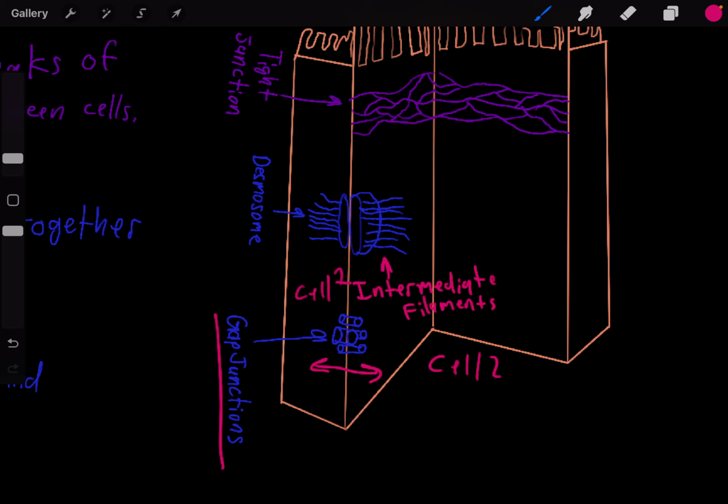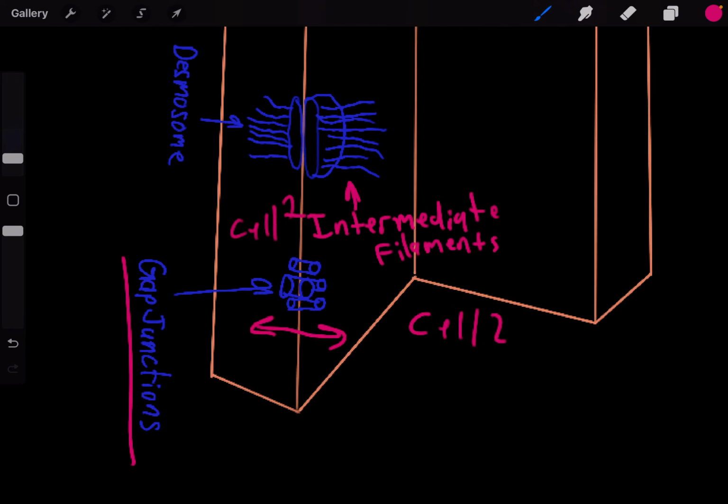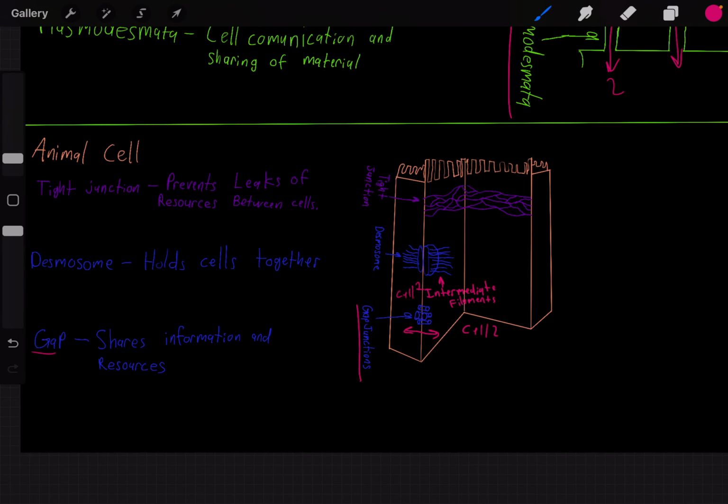For example, in the heart, all the cells have to pump together in a group. So the gap junctions will tell each cell, hey, I'm gonna pump now. If they were not pumping properly, you would not be alive. The gap junctions are really important for communication and sharing of material.